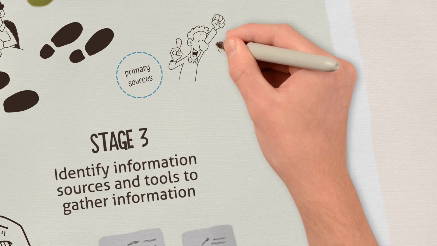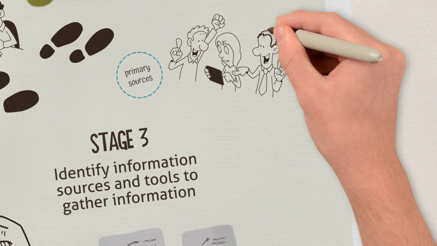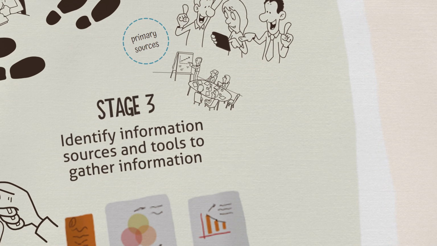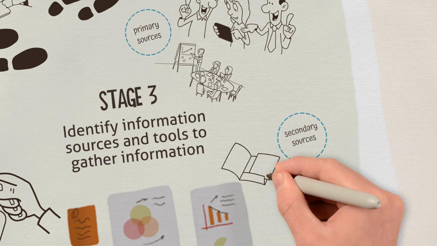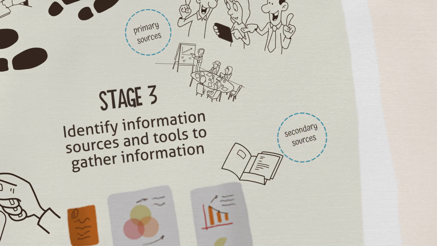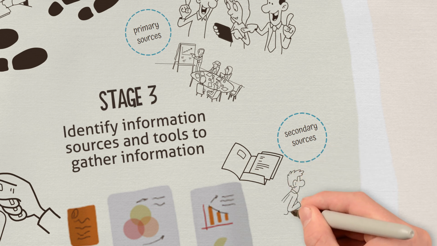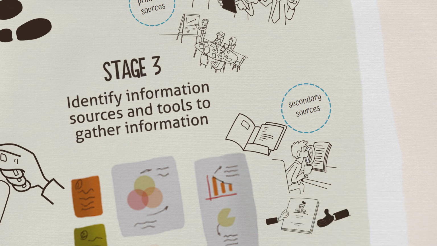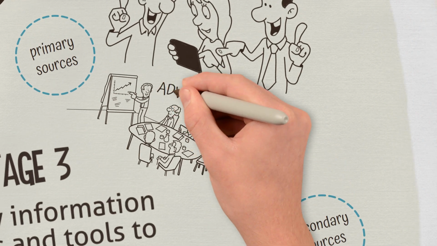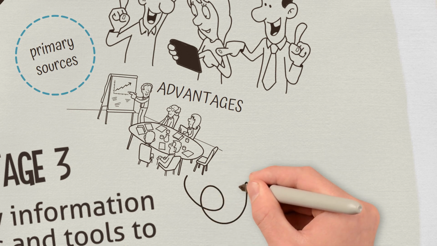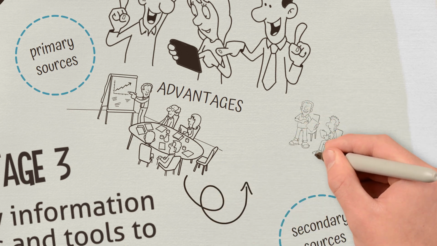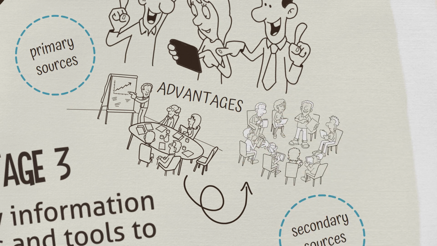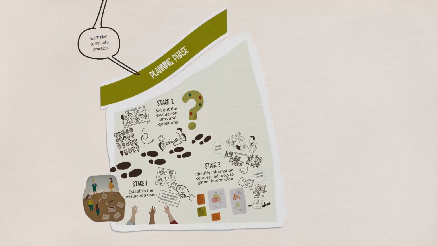Sources are classified as primary when the information has been directly gathered by the evaluation team, for example, in interviews, surveys, or group sessions, and secondary when the information has already been collected by other people, for example, when consulting a project report, monitoring system, official statistics, publications, etc. An advantage of participatory evaluation teams is that their members are in close contact with the program, making it easier to identify and access groups that are capable of providing information that is relevant to the evaluation.